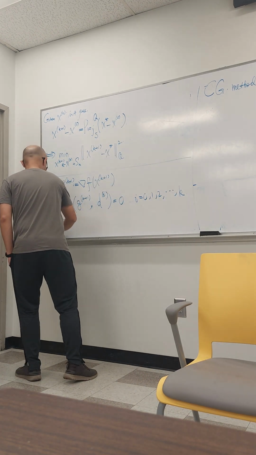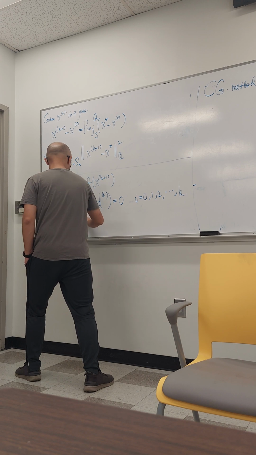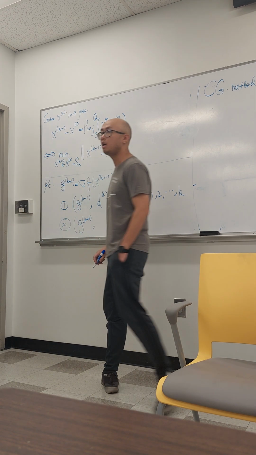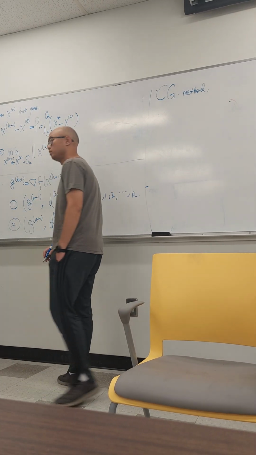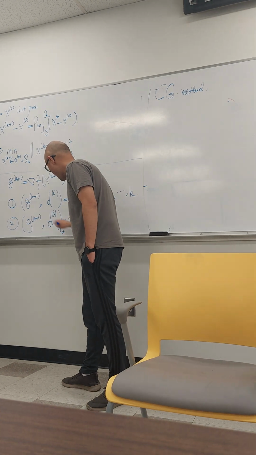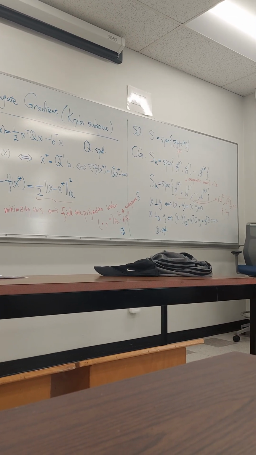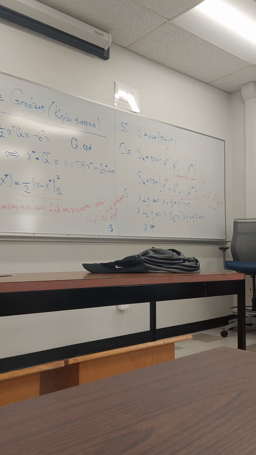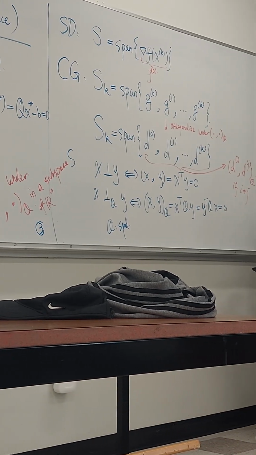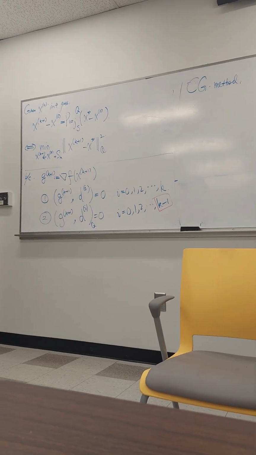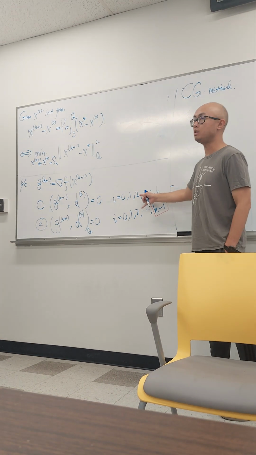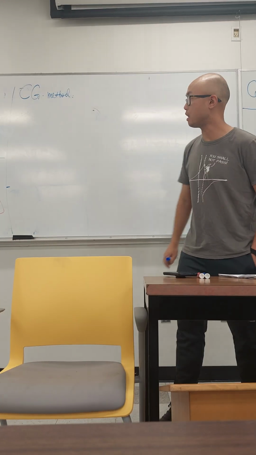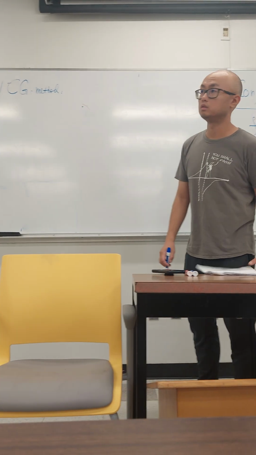And the gradient at the k plus 1th iteration is orthogonal to di in the Q inner product for i from 0, 1, 2 up till k minus 1. Because of these two orthogonality properties, we can build an efficient algorithm for CG.